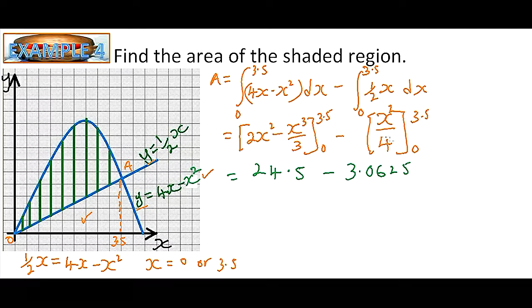3.0625. So that means that the area shaded is equal to, when you subtract 24.5 minus 3.0625, you get 21.4375 square units.